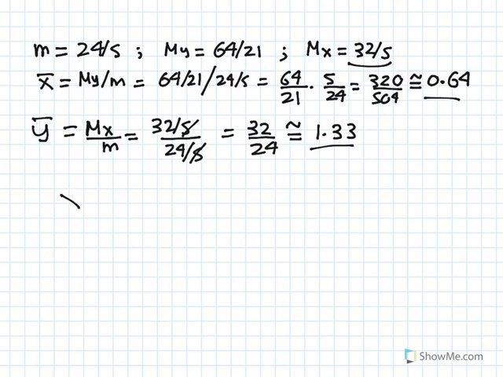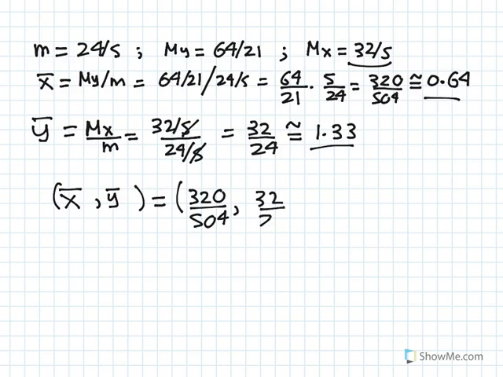So we have found the centroid x bar, y bar to be equal to 320 divided by 504, 32 divided by 24, which is approximately 0.64. The x-coordinate is 0.64, and the y-coordinate of center of mass is 1.33.